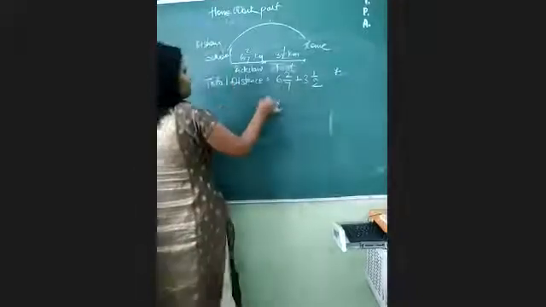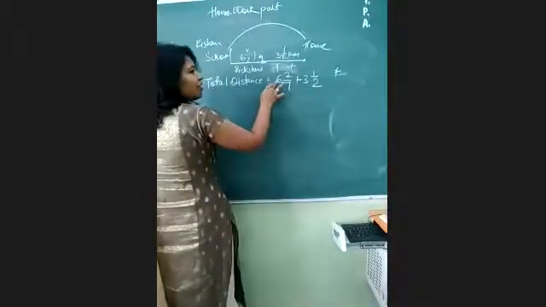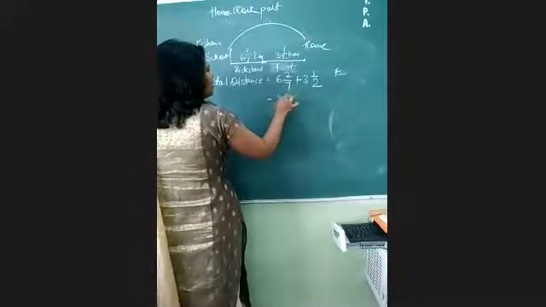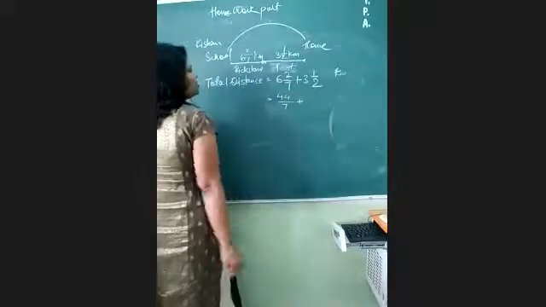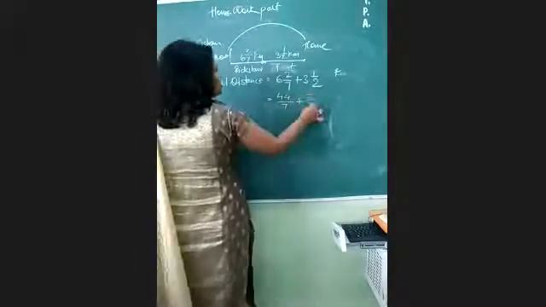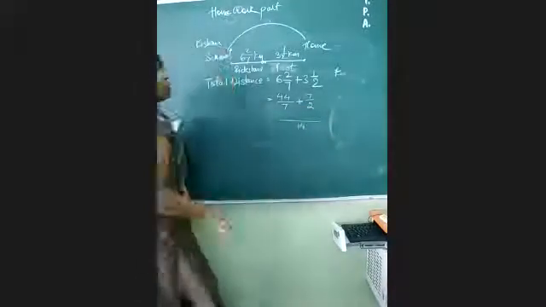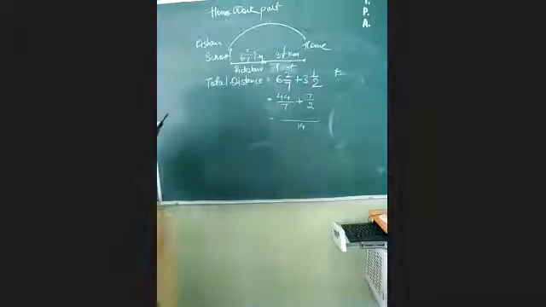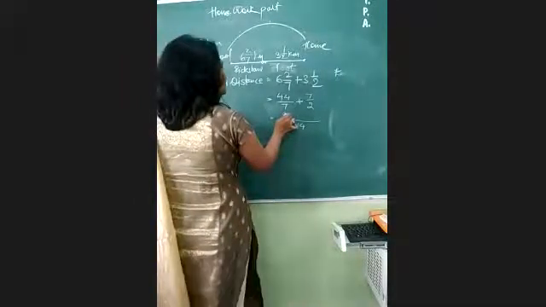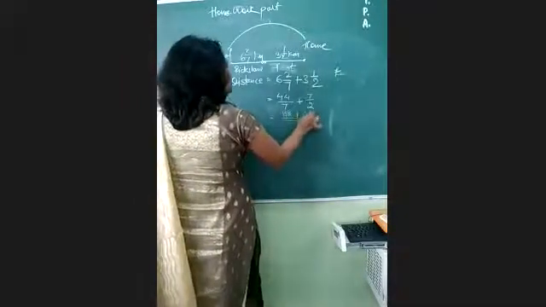Okay? Now let us add it. 7 6s are 42, 42 and 2 makes 44 upon 7, plus 3 2s are 6, 6 plus 1 is 7 upon 2. Now when you solve it, the LCM of 7 and 2 will give you 14. Now it will give you 88 plus 49.